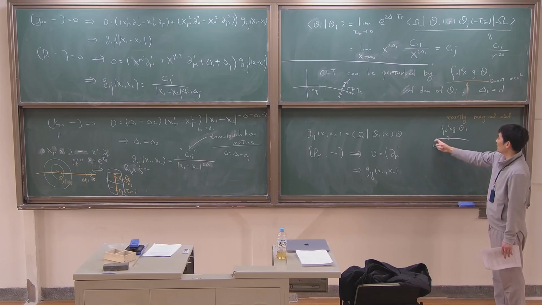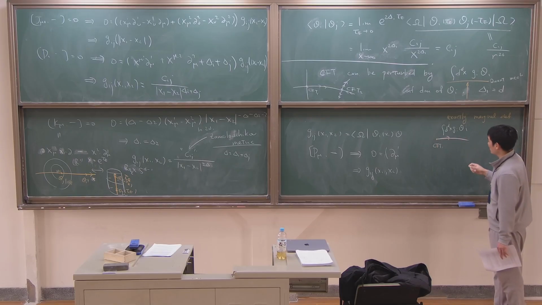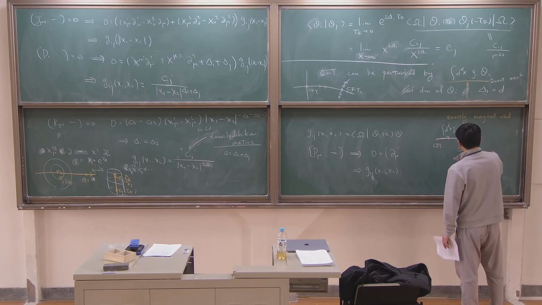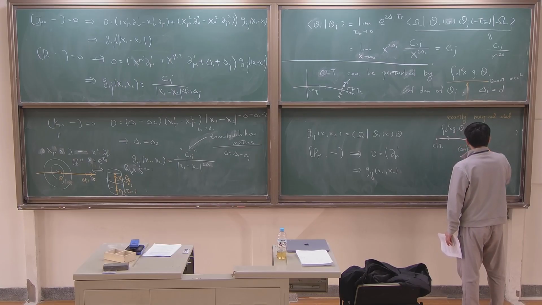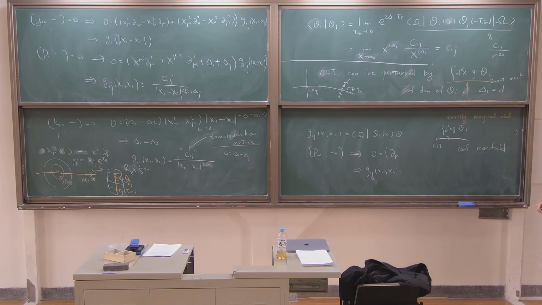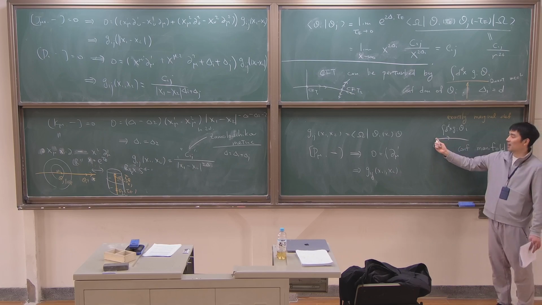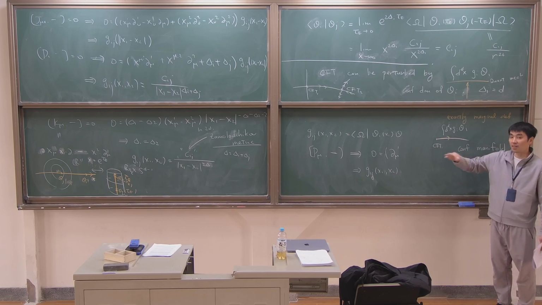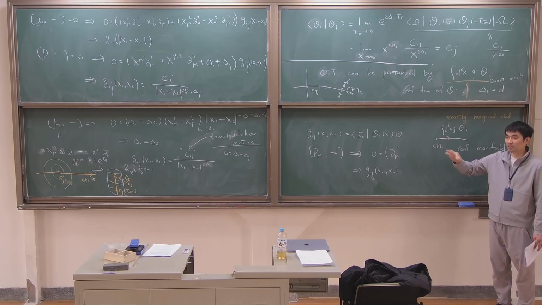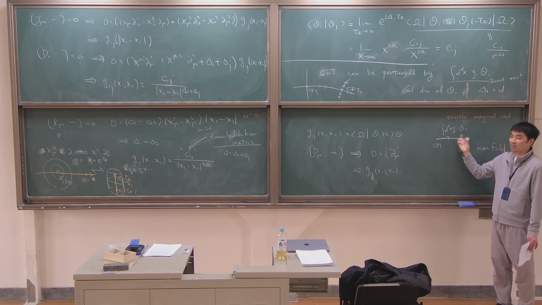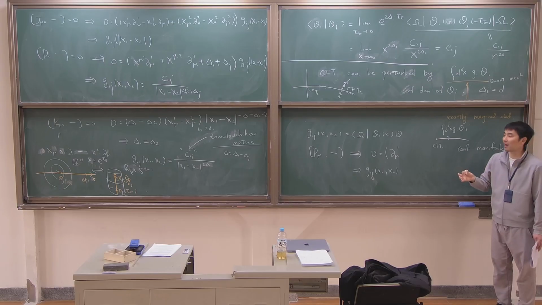So this deformation is often called a conformal manifold. At some nice deformations, the theory still stays conformal. Even though the theory will change, it's still conformal. That's why it's called a conformal manifold.